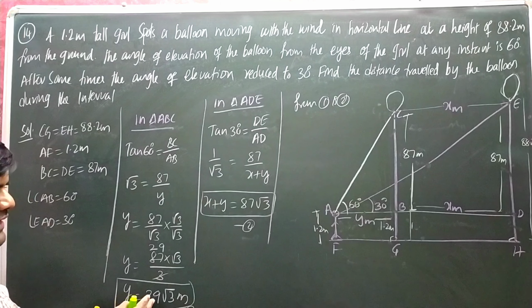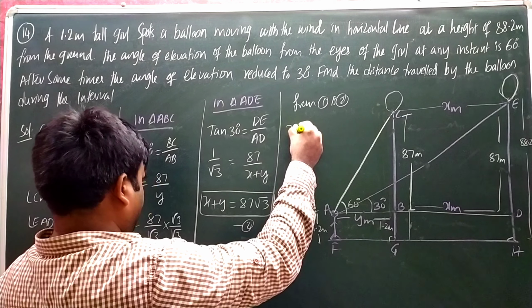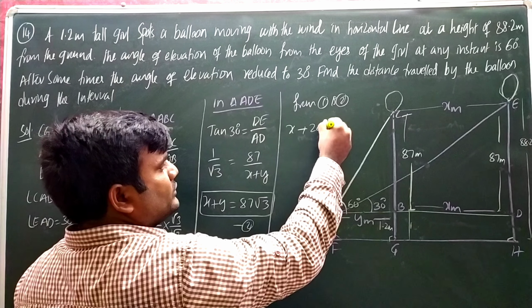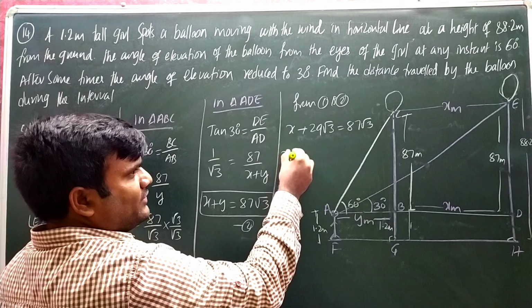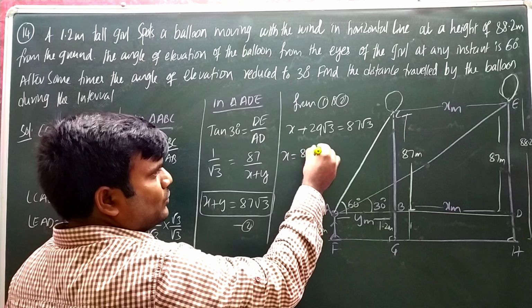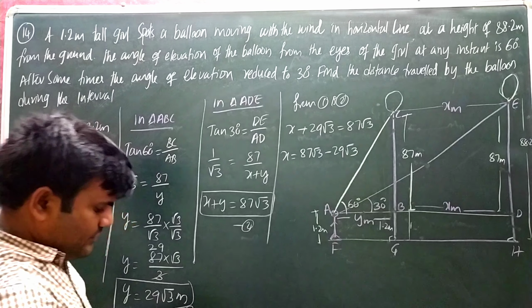From 1 and 2, the y value is 29 root 3. So x plus 29 root 3 equals 87 root 3. Therefore x equals 87 root 3 minus 29 root 3.